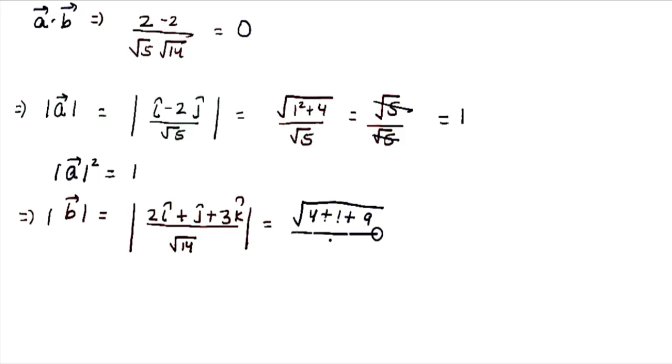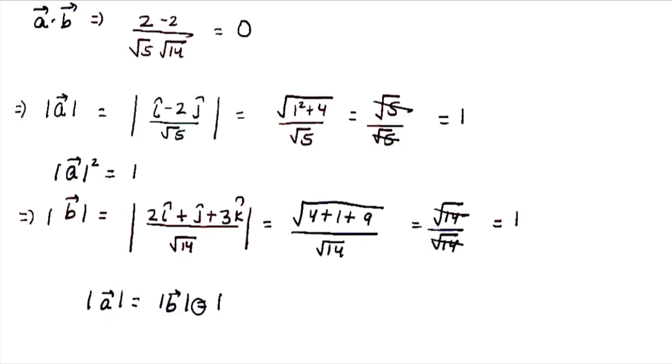In the denominator we have under root 14. On solving this we get under root 14 divided by under root 14. This under root 14 is cancelled out by under root 14. We get 1. Now the magnitude of A vector is equal to magnitude of B vector is equal to 1.